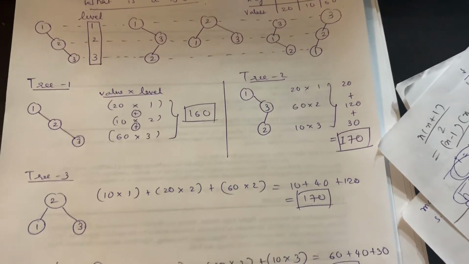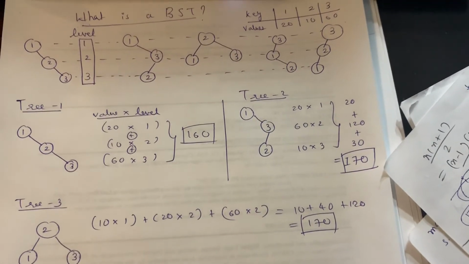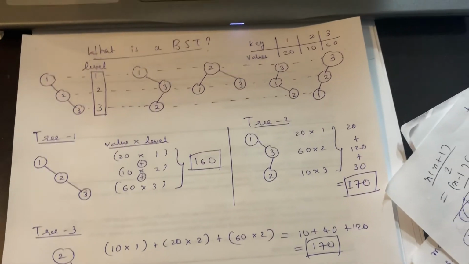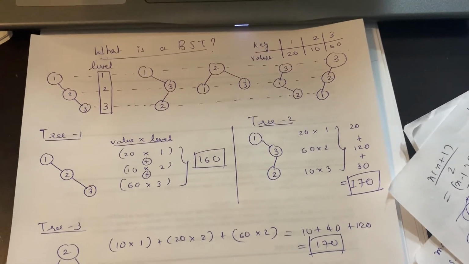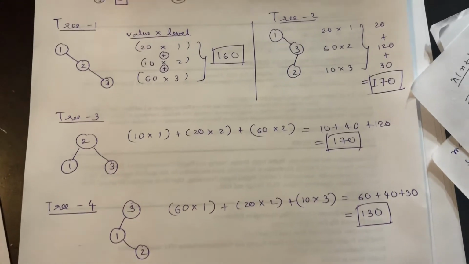Now you might be wondering, so what's the problem? We can just solve it like this. Why do we need an algorithm? Well, that's where you're wrong. We need an algorithm because this is just three keys and just 5 BSTs. So you can just draw these and find out what the answer is.